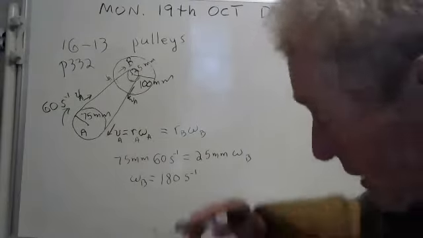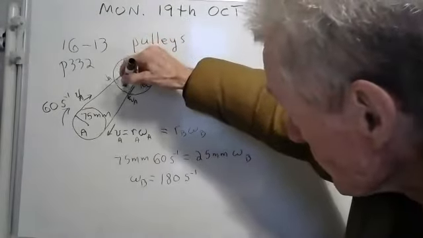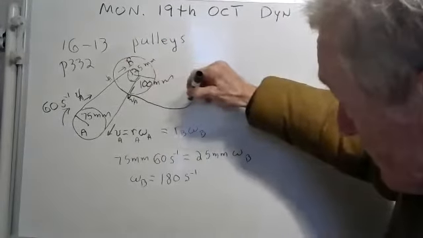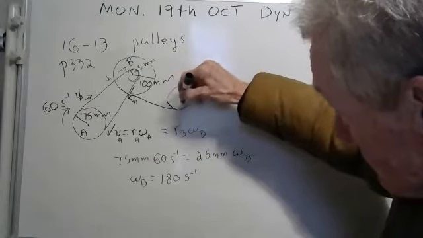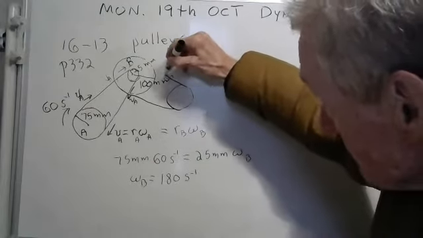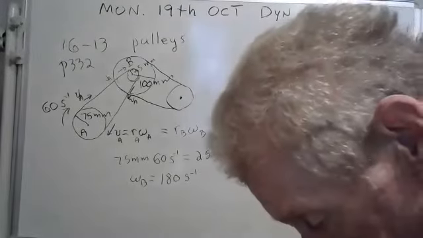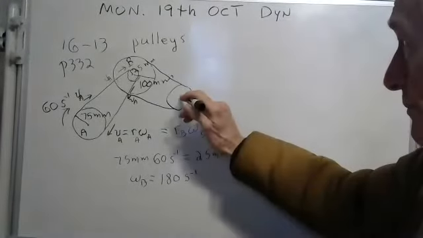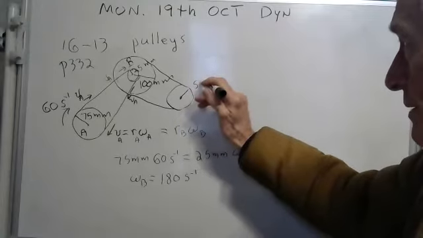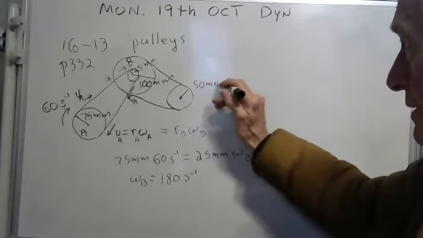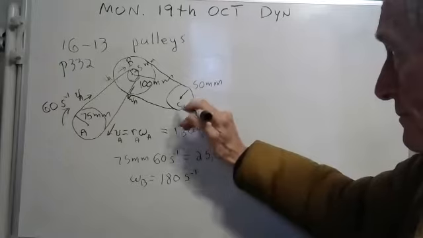Okay, but we're not done yet. They got an air conditioning pulley. It comes over here someplace. There we go. Now the radius of this air conditioning pulley is 50 millimeters, and it's pulley C.